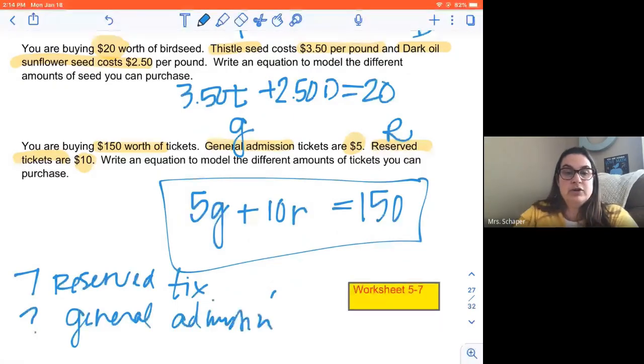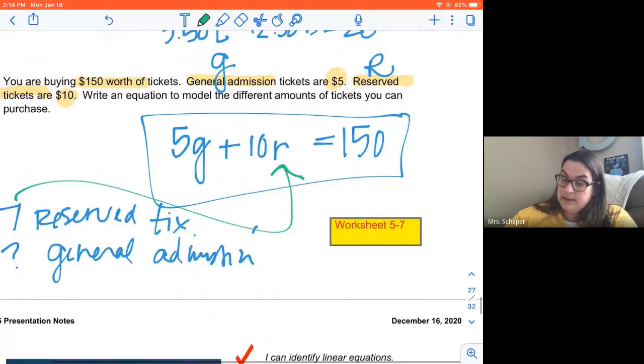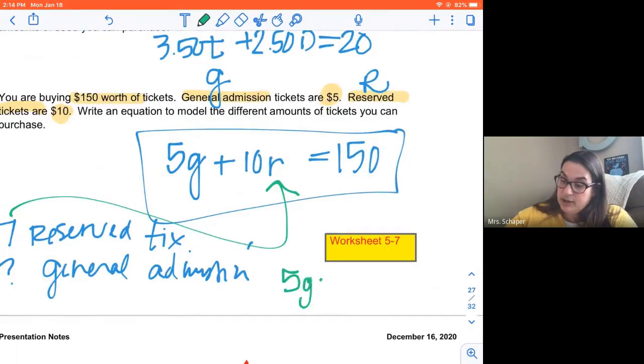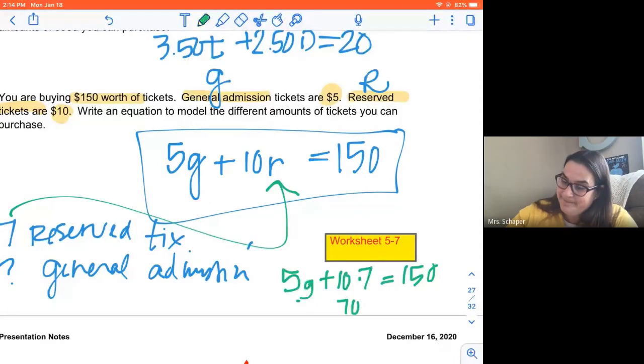What I would do is substitute 7 tickets and solve for G. That would look like 5 times G plus 10 times 7 is equal to 150. I could solve this equation to find the number of general. So 10 times 7 is 70, oops, that was my mistake. So 5G plus 70 is equal to 150.